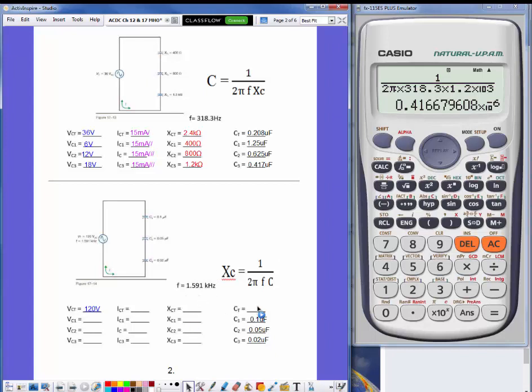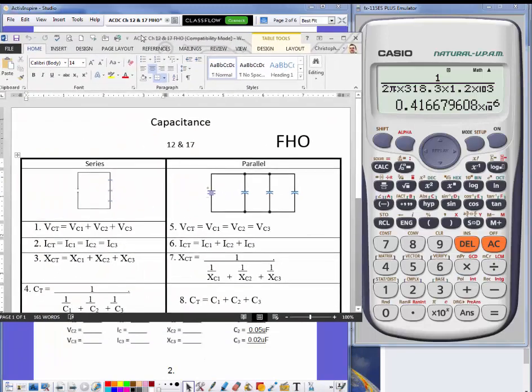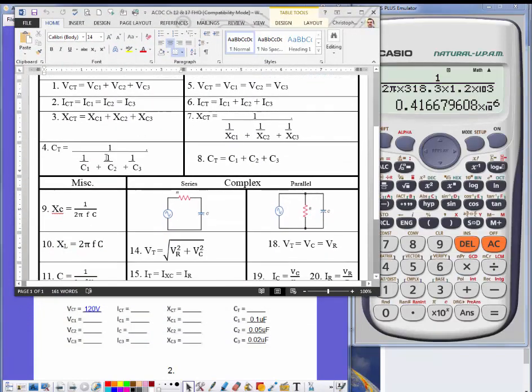So my formula shows me that whenever I have capacitors in series, I have to use the reciprocal formula, as you see right here, formula number 4.